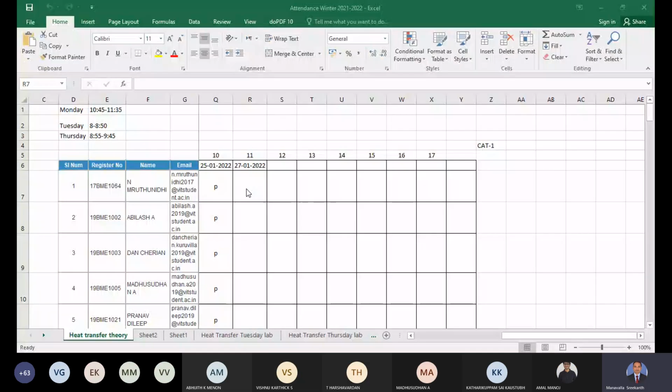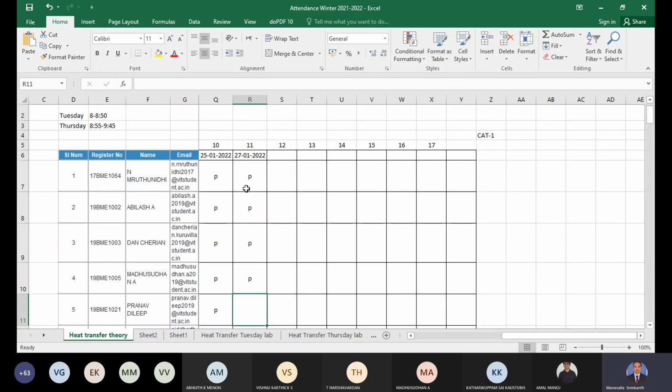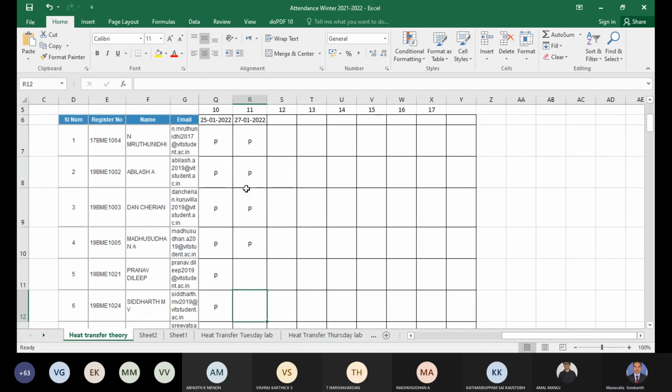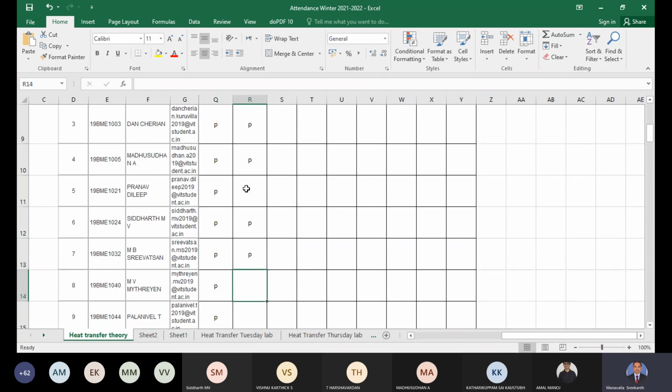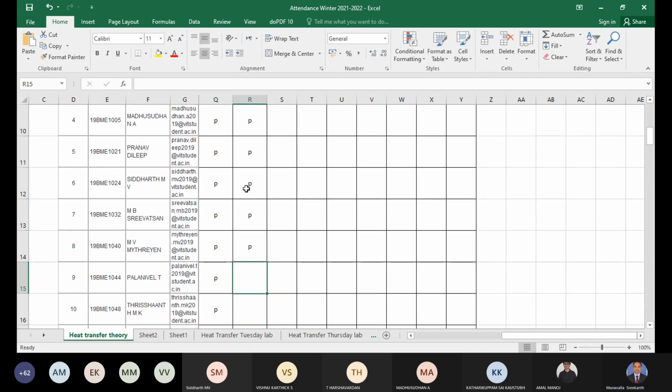All right, give me your attendance. Rutunidhi, present, sir. Vilash, present, sir. Cherian, present, sir. Madhusudan, yes, sir. Dilip, MV, present, sir. Maitreyan, present, sir. Ishant, present, sir.